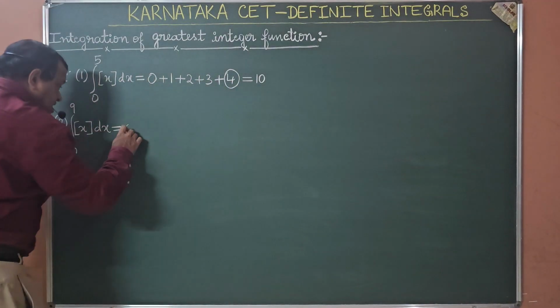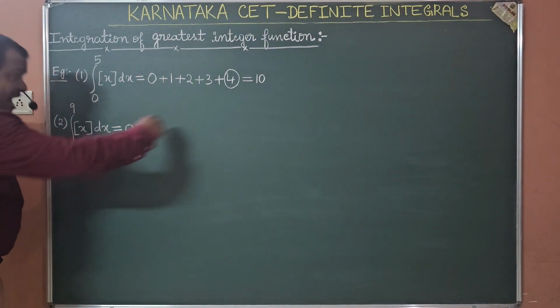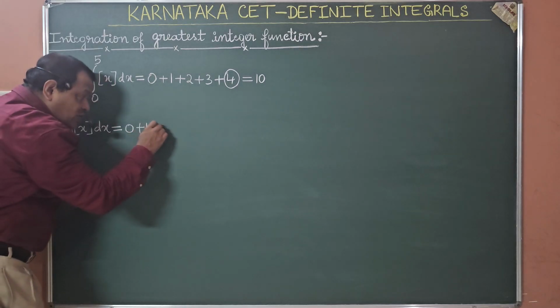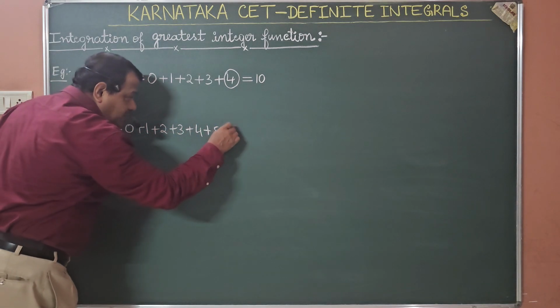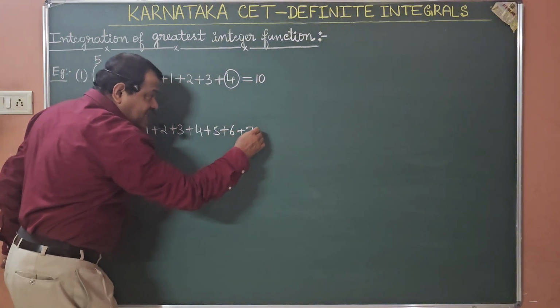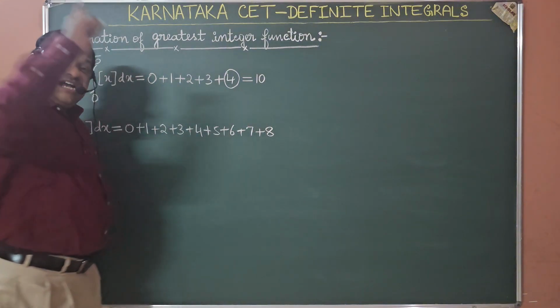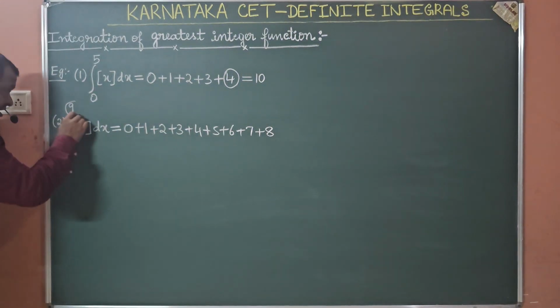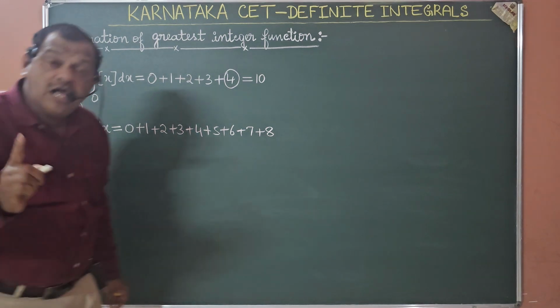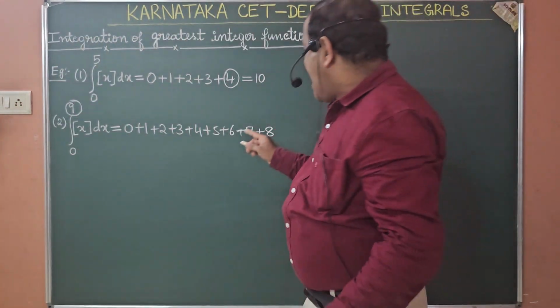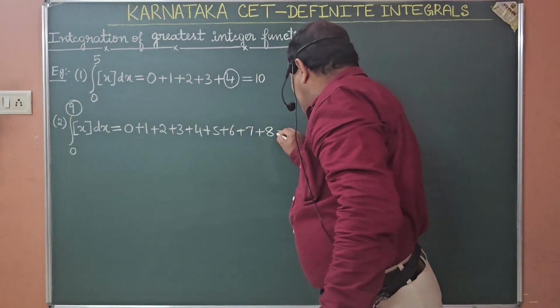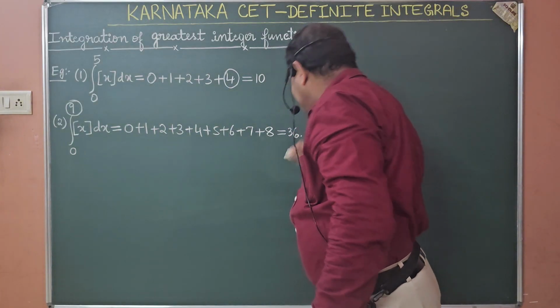So therefore, add 1 plus 2 plus 3 plus 4 plus 5 plus 6 plus 7 plus 8. Till 8 I have to add because upper limit is 9. So 1 less than upper limit 9 is 8. So I have to add this much and this answer becomes 36.